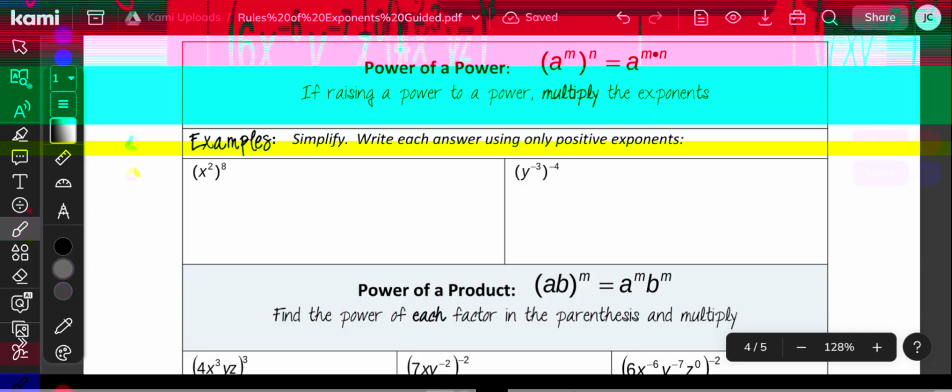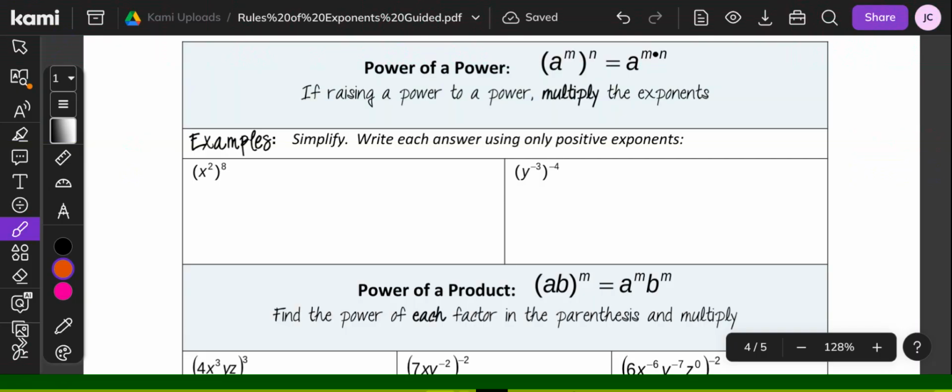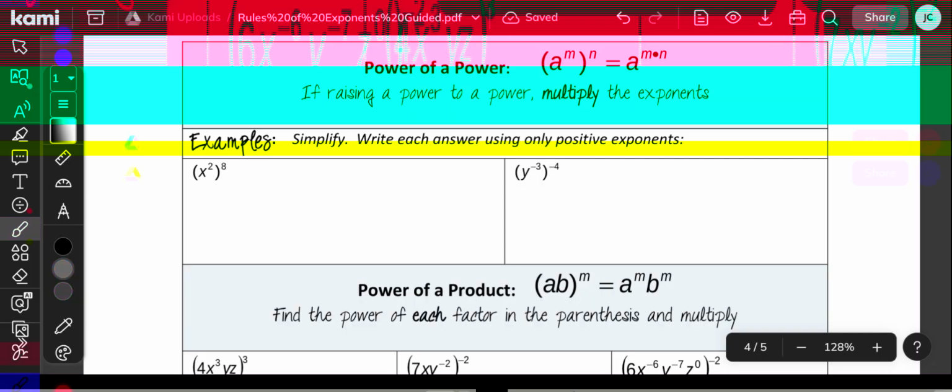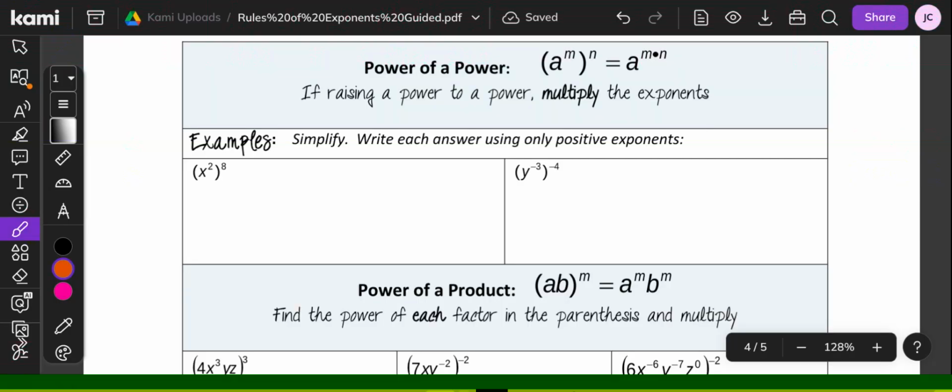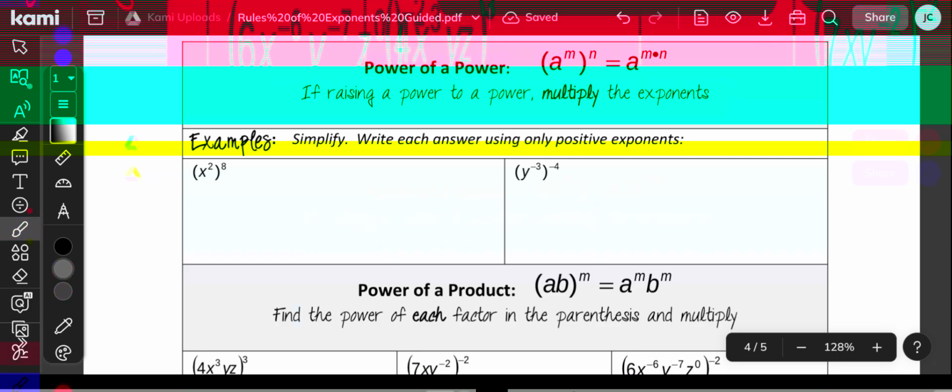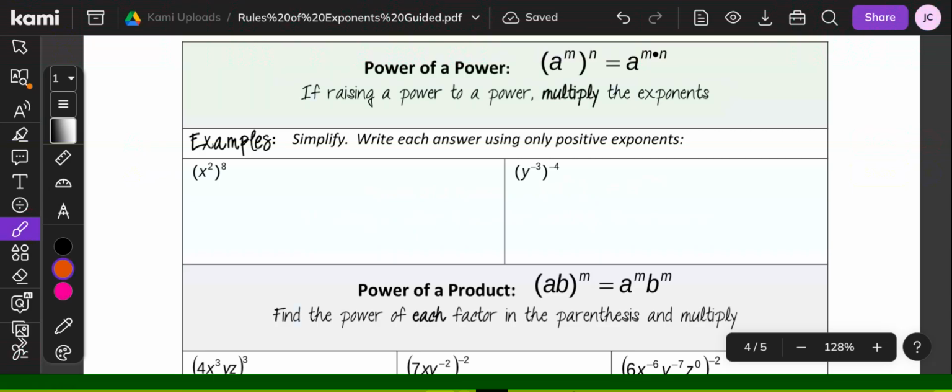I know that's so unlike the product rule, that very first one where we would add our exponents. Here that's different. We're going to multiply the exponents. So x to the second to the 8th is x to the 16th.